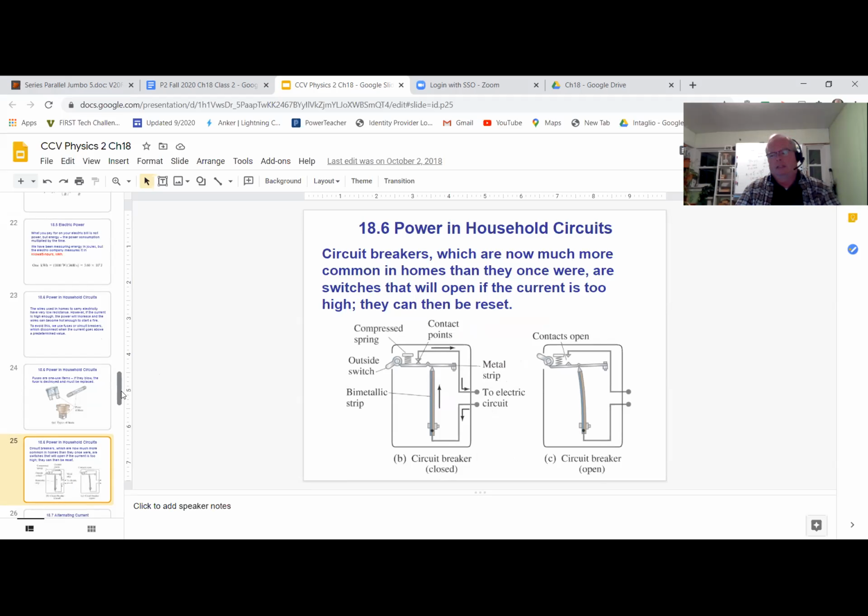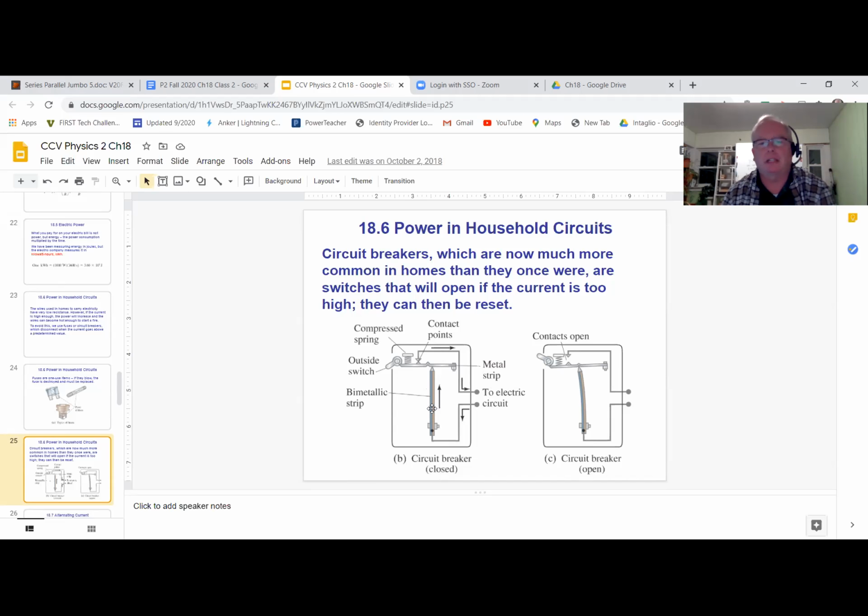To make things a little bit easier in our houses, we have circuit breakers. And the way a circuit breaker works is that current flows through the breaker, and we have a piece of metal in there, and the piece of metal is a bimetallic strip. And what happens to it is, since there's two different metals, metal will expand when heated up.